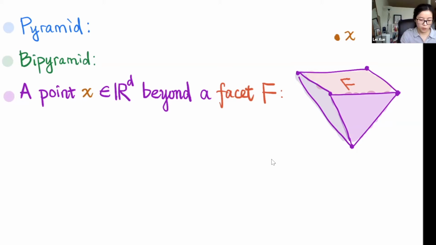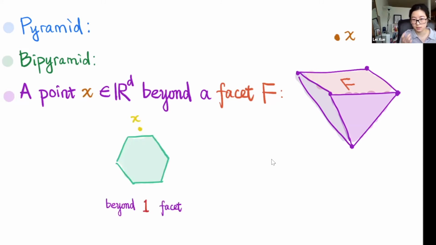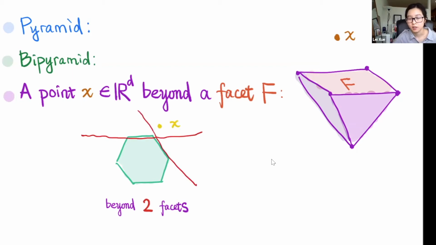Once we define this, given an X, we can ask how many facets X is beyond. So in this two-dimensional example, this yellow point is beyond exactly one facet, this one, because this supporting hyperplane will separate the point from the polytope. But for example, if you look at this one, it's beyond two facets. This one, and then that one, nothing more.